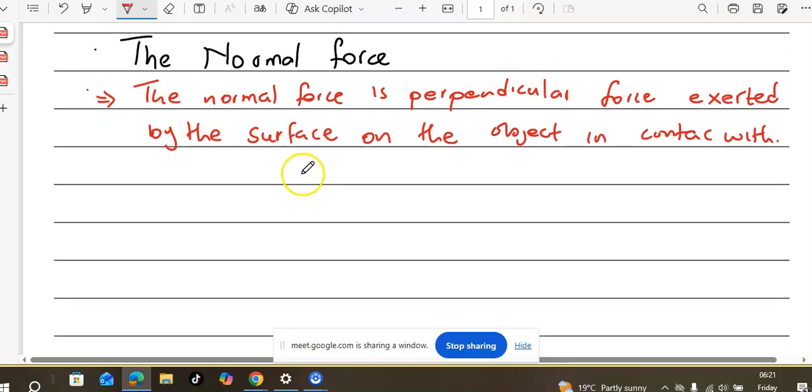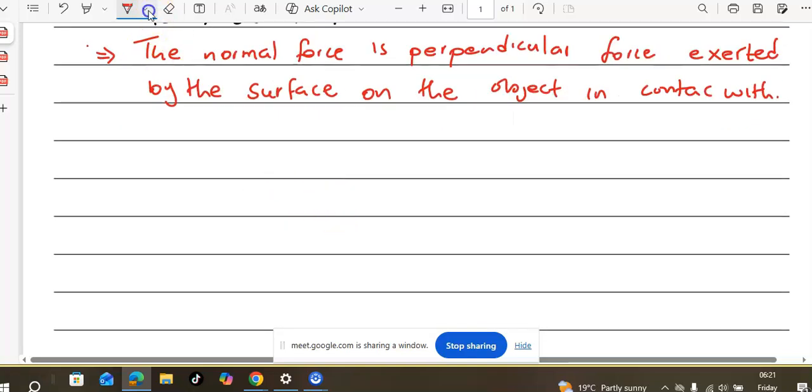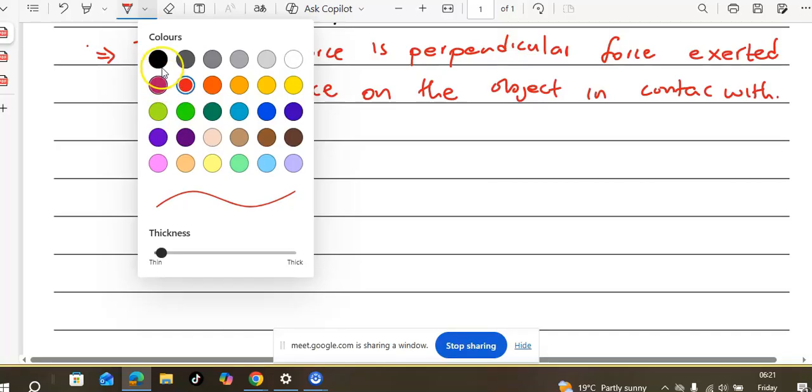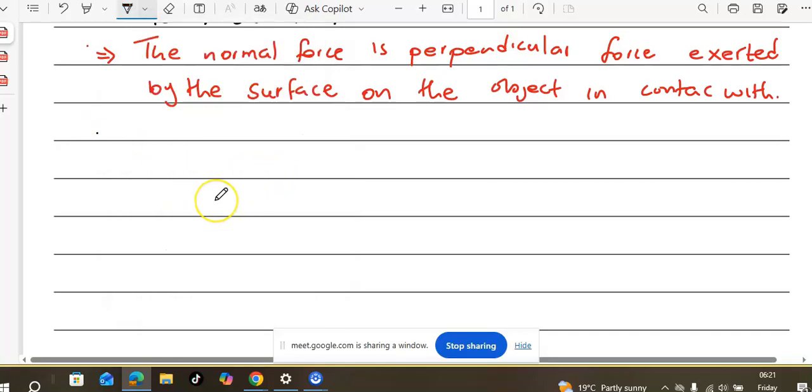Okay, so now, let's go back to what we were currently talking about. Let's say I have an object. This is my object. On this object, we have the normal force.